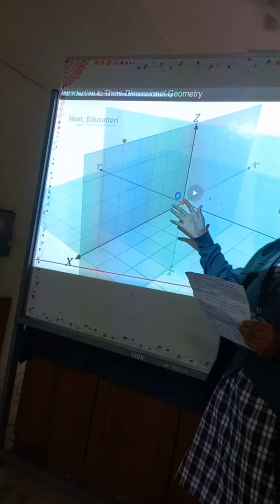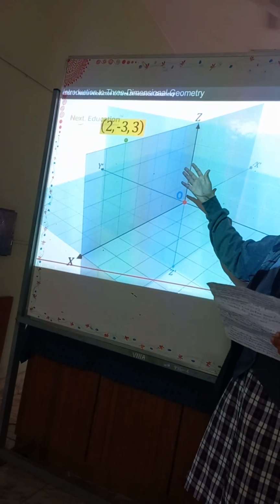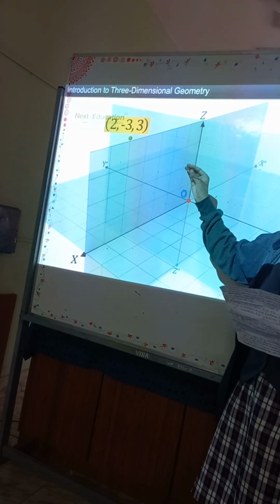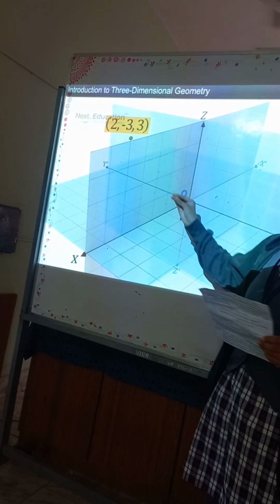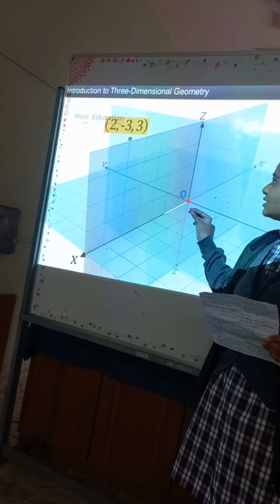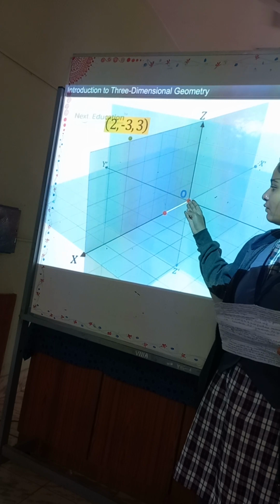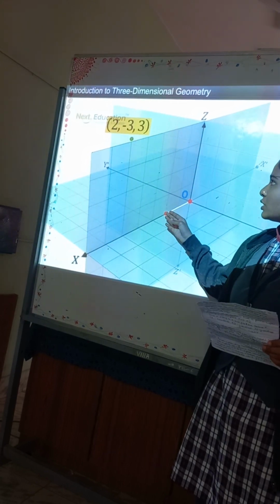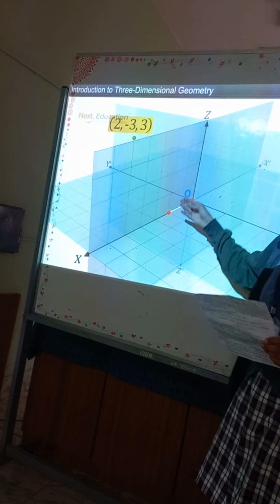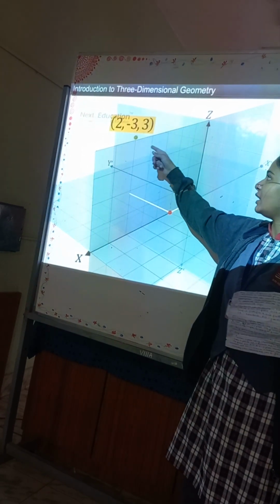Let's take a point (2, -3, 3). Let's see in which octant it lies. We can see that the x coordinate is 2, so from the origin we will move 2 units on the positive x axis and mark a point. From the marked point, we can see that the y coordinate is -3.